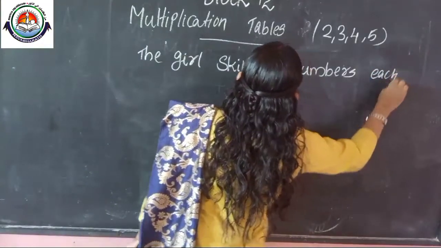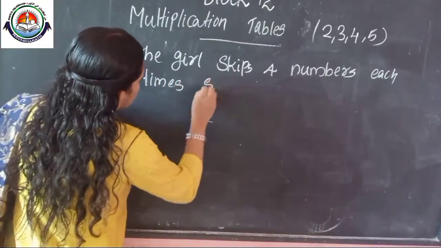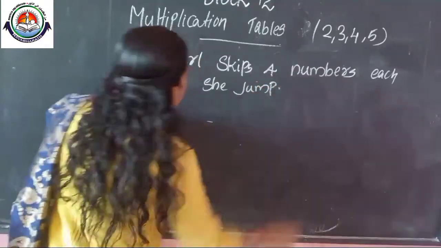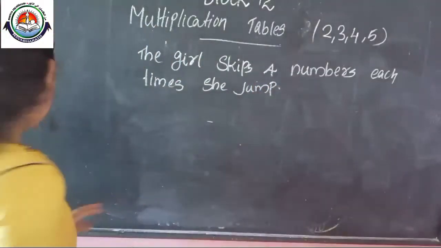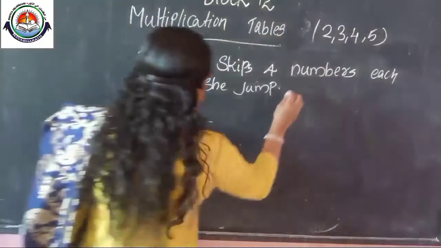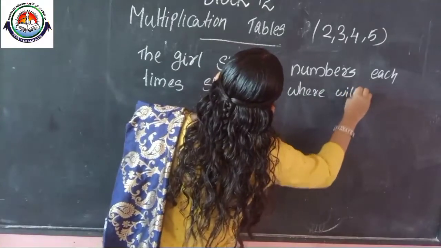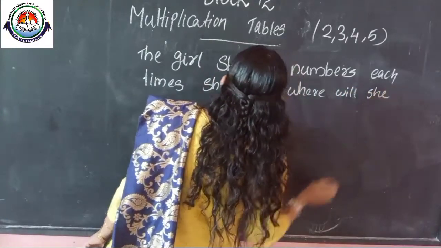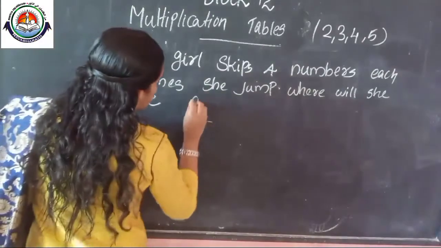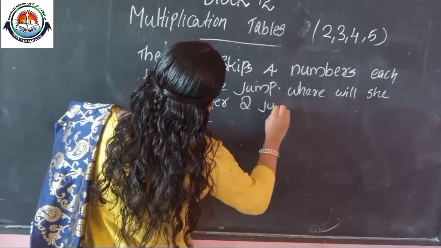When she jumps, she skips 4 steps. Okay. Then where will she be after 2 jumps?